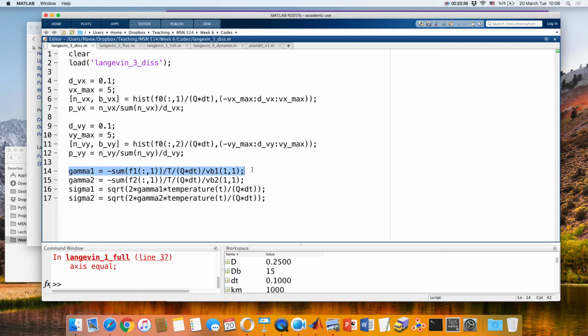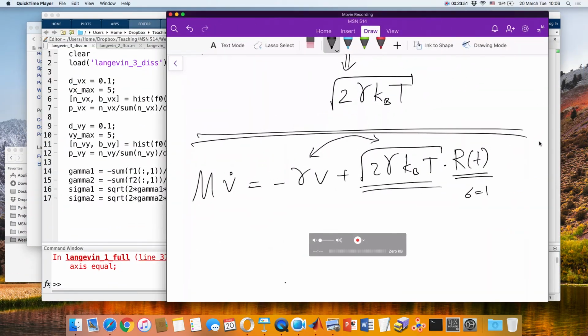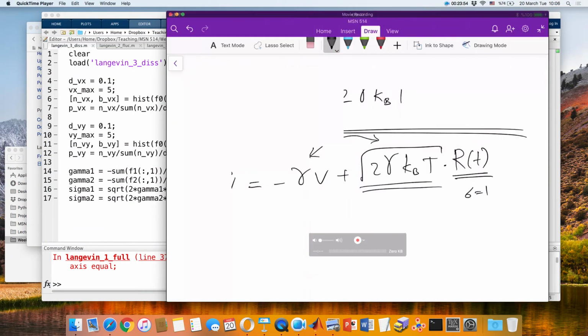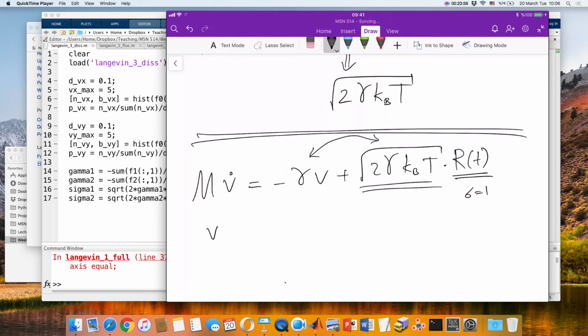Can you just look and try to understand this? Are you pulling the gamma term from the equation? Yes, gamma was the average force. Let's see where gamma appeared. You remember we had the case, let's say 1, which has Vx equal to 0.1. So we are expecting the average force in the x direction to be minus gamma Vx.